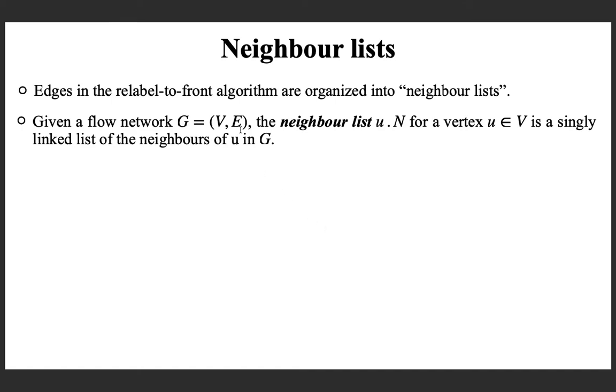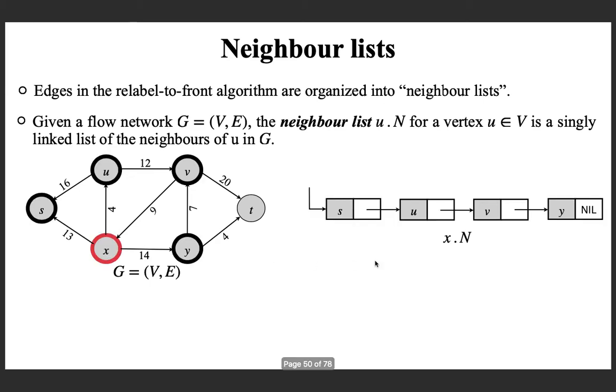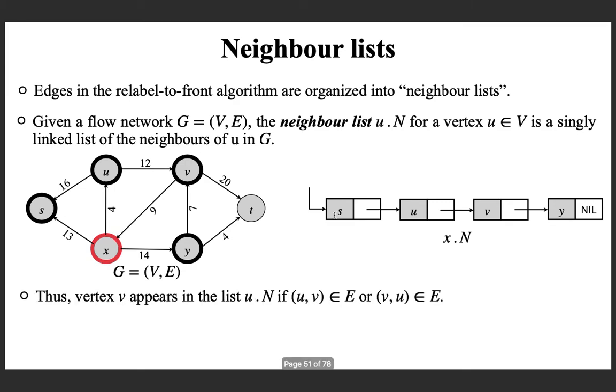Given a flow network, the neighbor list for a vertex u is represented as u.N. The neighbor list of the vertex u is a singly linked list containing the neighbors of the vertex u. For example, if you look at the vertex x, then the x.N neighbor linked list is this. And what are the elements in it?